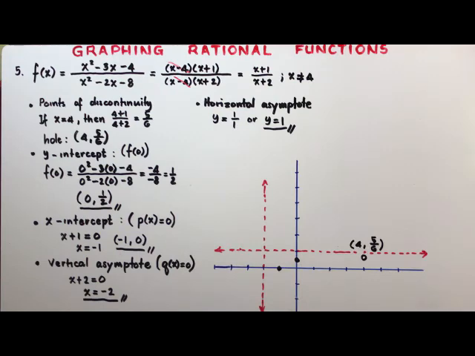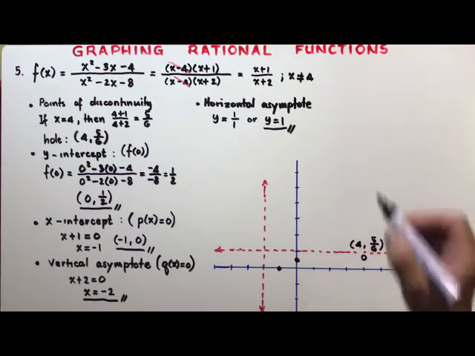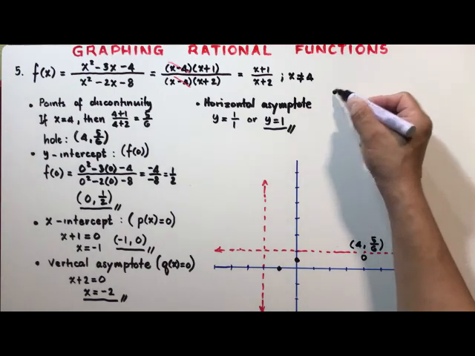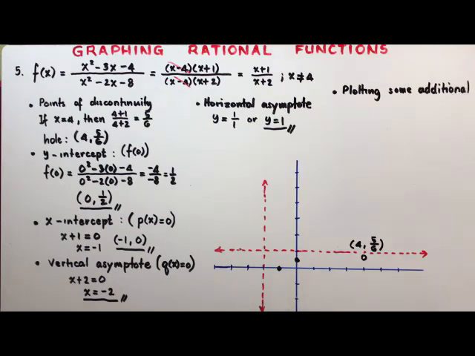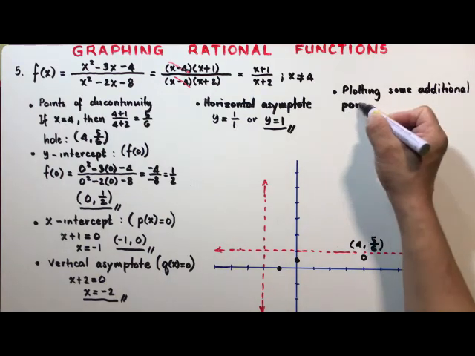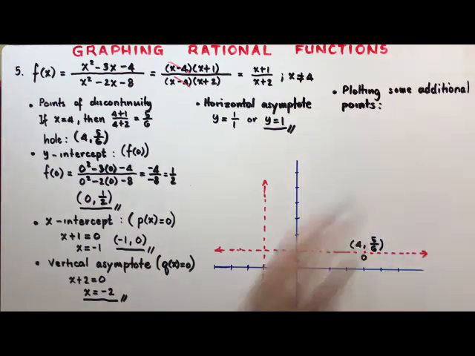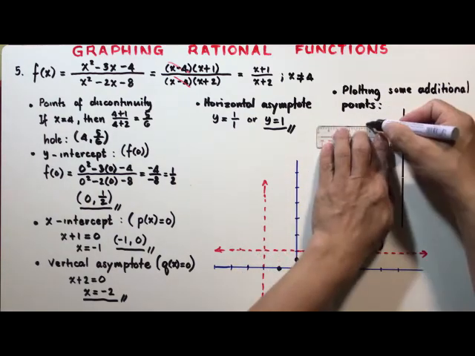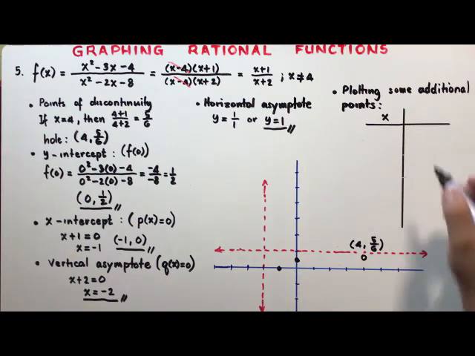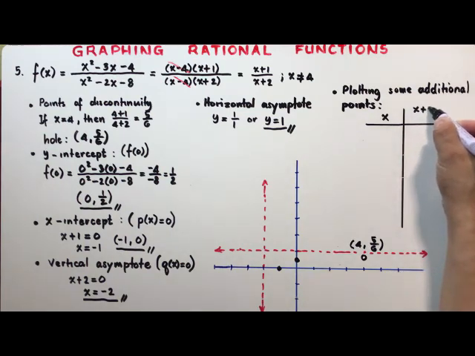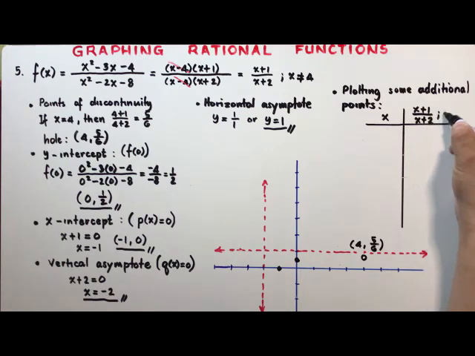So in order for us to have a good picture of the behavior of the function, let's plot some additional points here. So our function is (x + 1) over (x + 2), where your x must not be equal to 4.